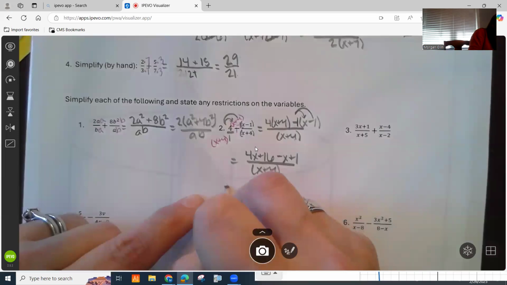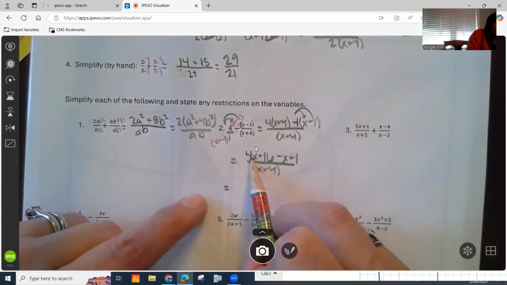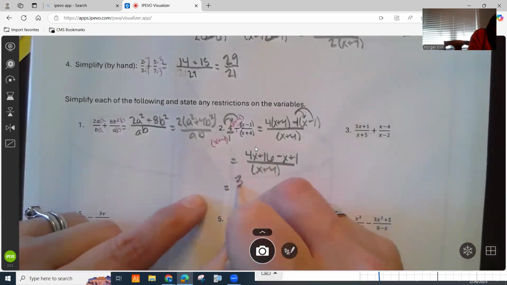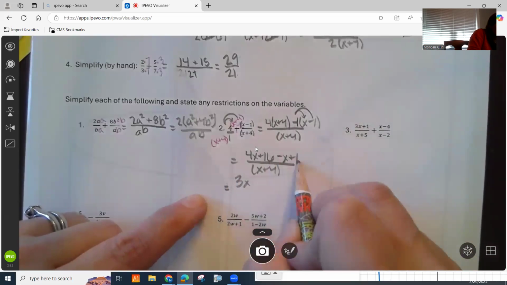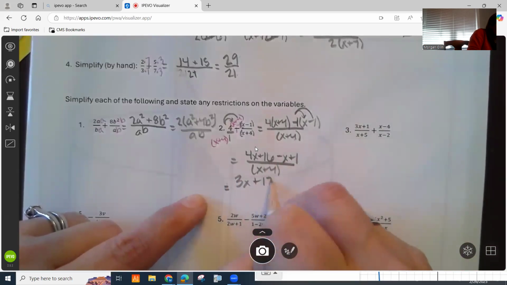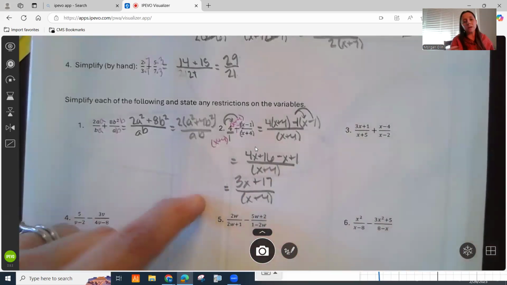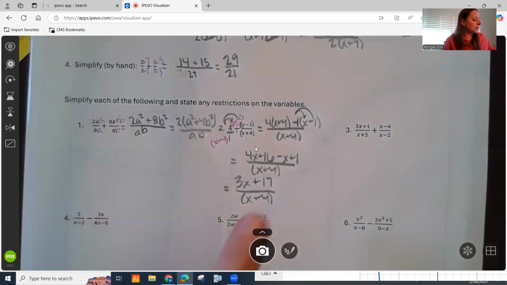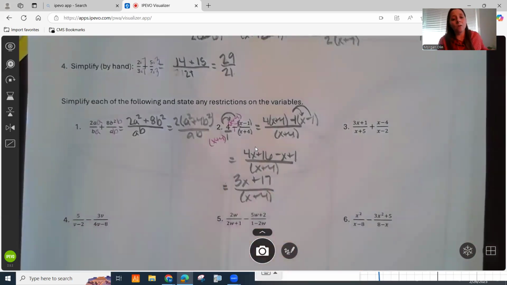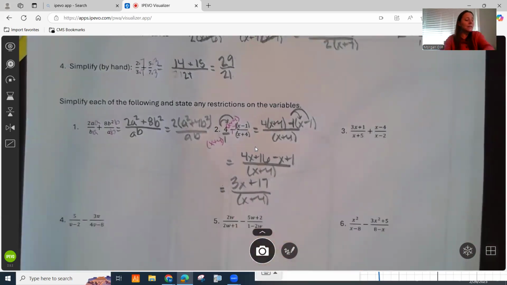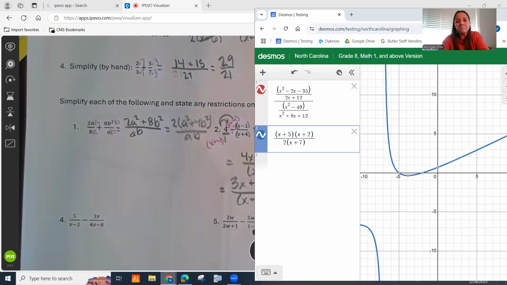Now let's simplify that numerator. 4x and negative x makes 3x. 16 plus 1 is 17. Now, does anything factor out of the numerator? No, it would only be the GCF here, and 17 is a prime number, so nothing comes out. So here we go. Now, this is one I can check, and I'm not going to check all of them.